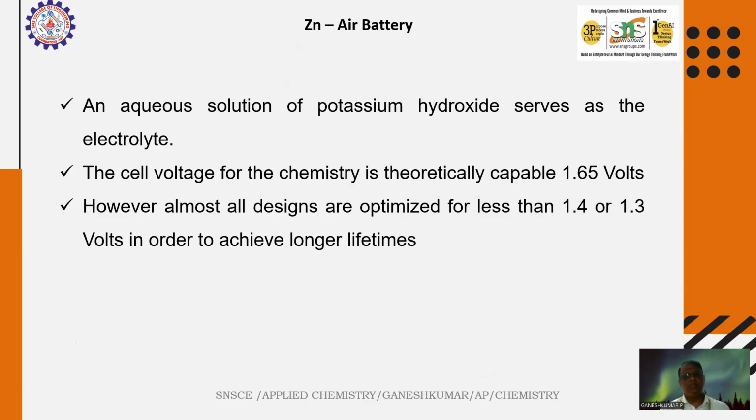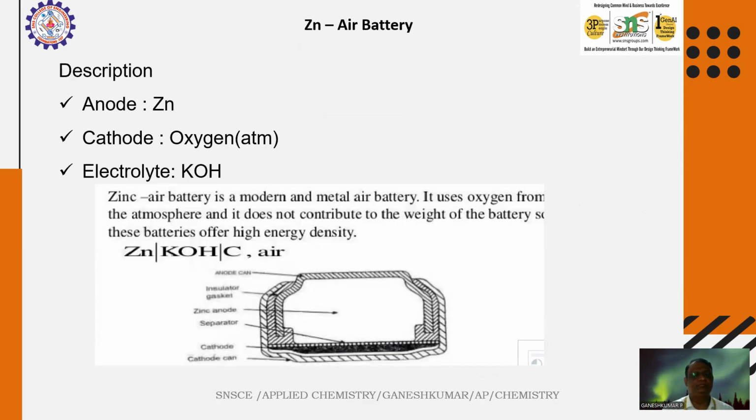The cell voltage theoretically is 1.65 volts, but the design has been optimized for practical application, giving between 1.4 and 1.3 volts to achieve a longer lifetime. When we increase the capacity, the lifetime gets reduced. That becomes a disadvantage of this. And here is the three-dimensional cross-sectional diagram with the anode and cathode reactions.